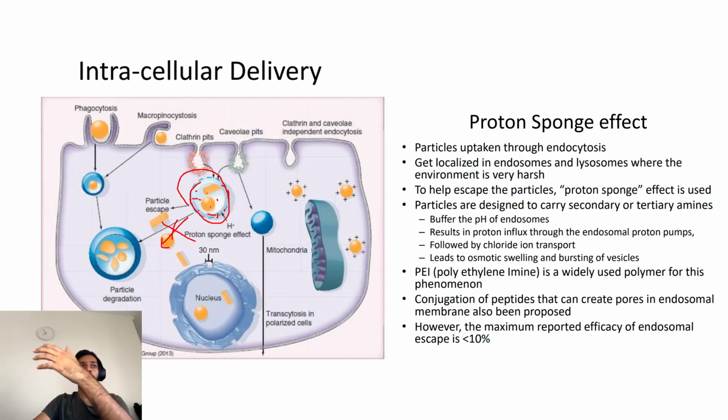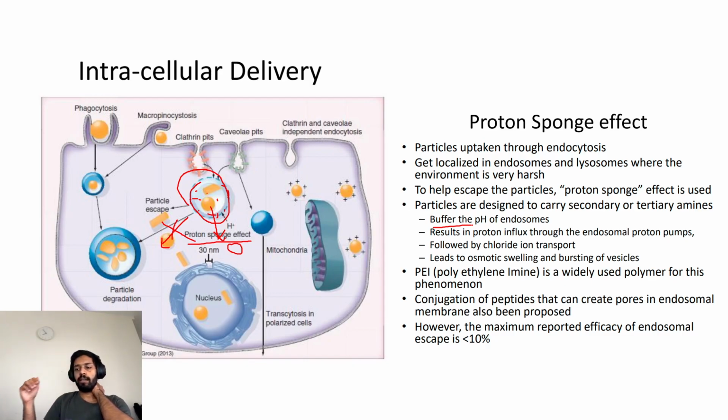So what you want to happen is your particle should come out of this endosome as soon as it enters the cell. So how do you do that? There is a phenomenon called proton sponge effect, wherein if you increase the secondary and tertiary amines of your particle, so basically give it a lot of charge, the pH of the endosome gets buffered and it needs to go back down, to acidic.